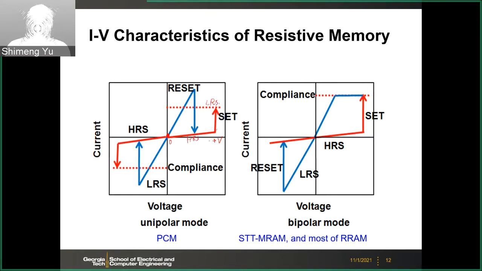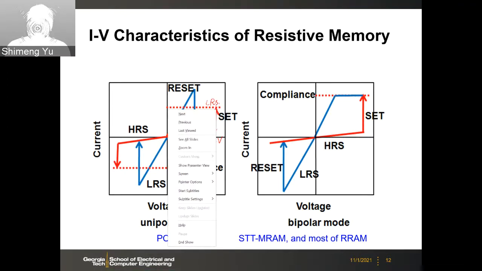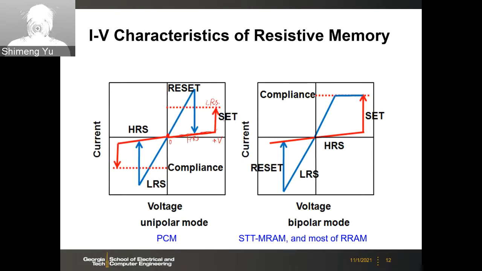The slope in the IV is the conductance, and 1 over the conductance gives you the resistance. In this case, the current is low, that means resistance is high. But after this threshold voltage, the current jumps, that means the resistance becomes lower. This is typically called the set process, from the HRS to the LRS.